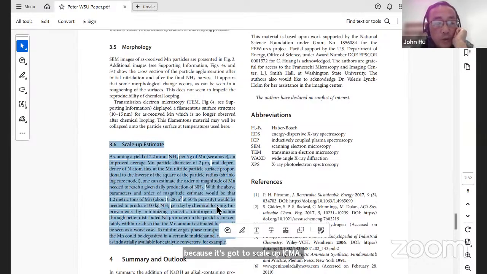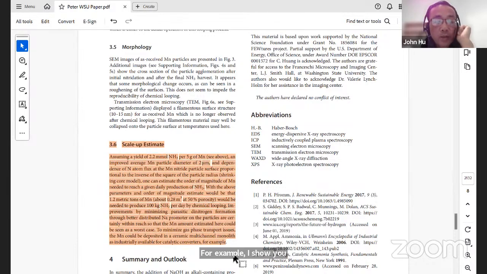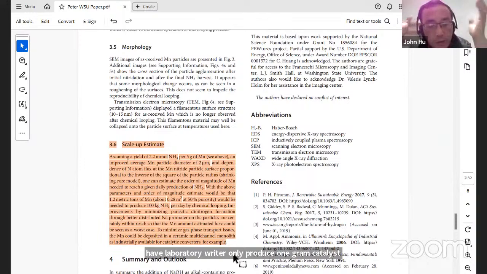The example I show you is a scale up estimate. You have a laboratory reactor which is only 1 mil catalyst. You want to scale up. You have a laboratory reactor only producing 1 gram ammonia per hour. You want to scale up to produce 1,000 kg. So that's called scale up analysis.